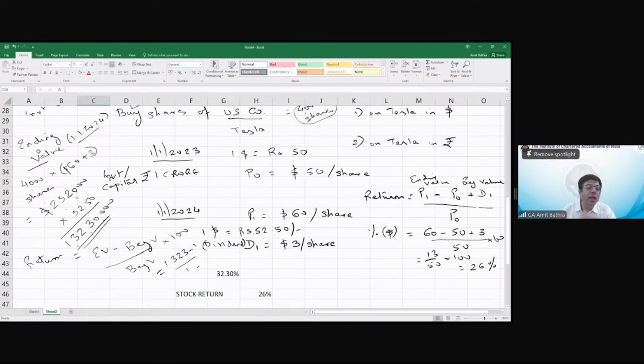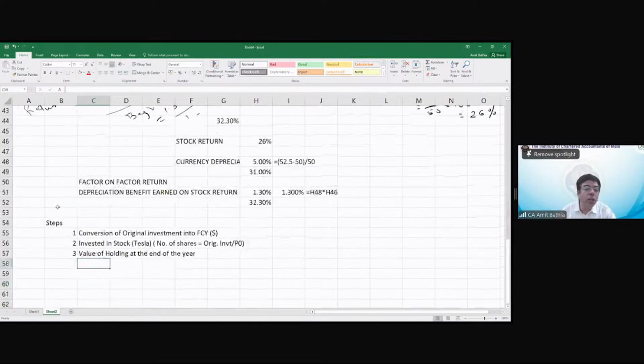Now step 3 is I need to calculate the ending value in dollar terms, because right now my investment is in dollar terms. So I calculate the value of holding at the end of the year. Then the fourth step, conversion of ending value into INR.